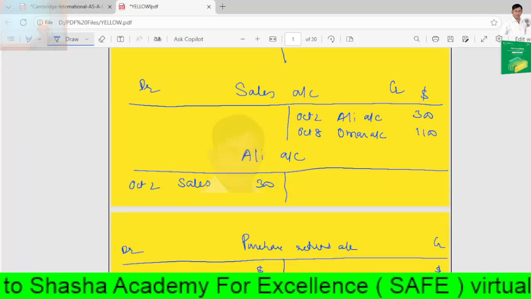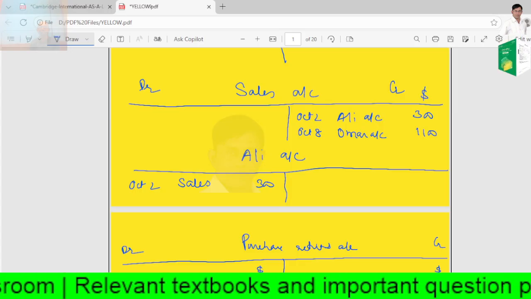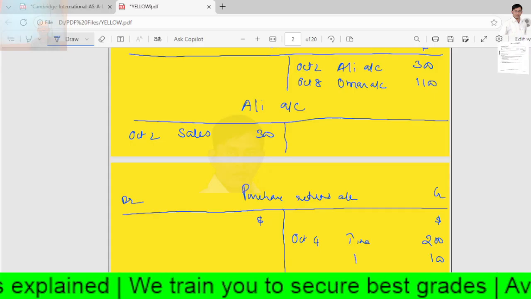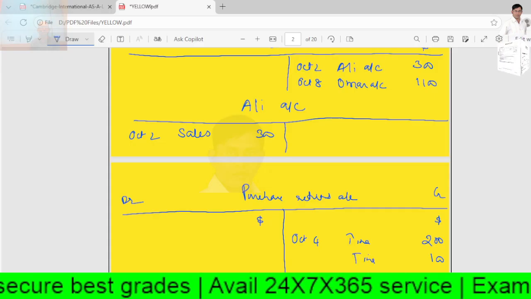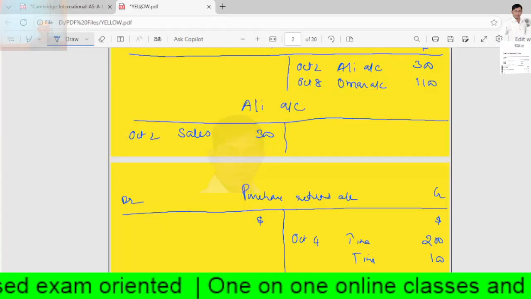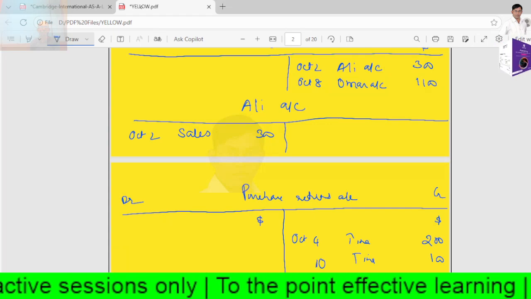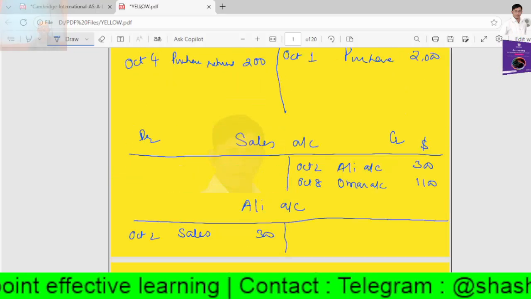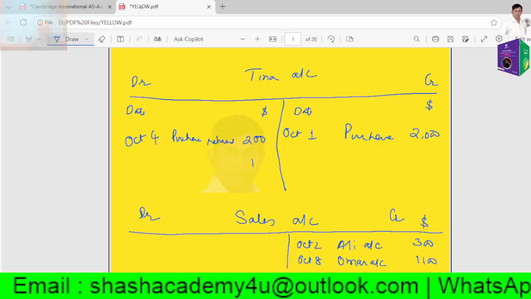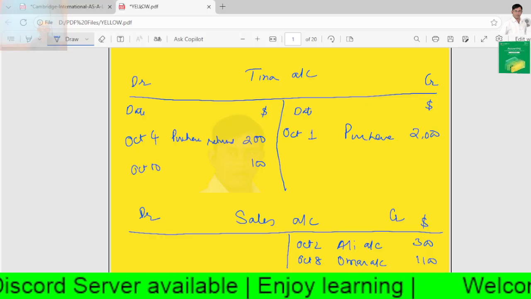Purchase returns Tina 100. So why have we debited? Purchase returns.